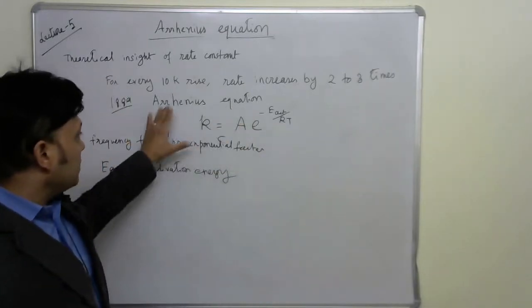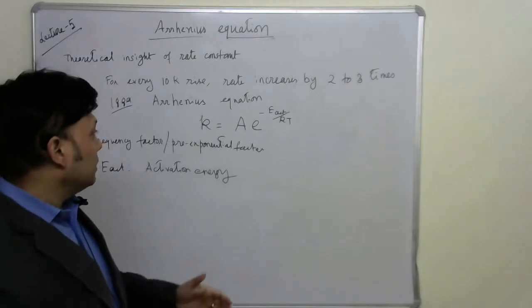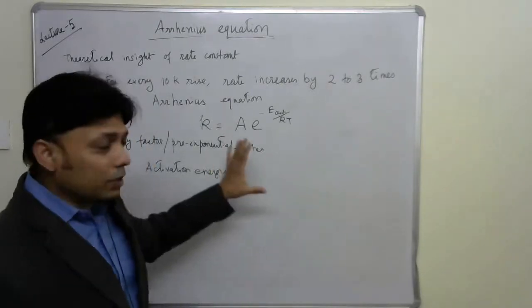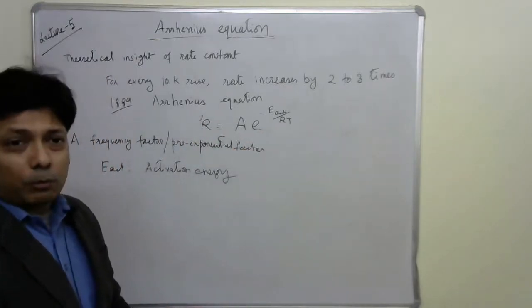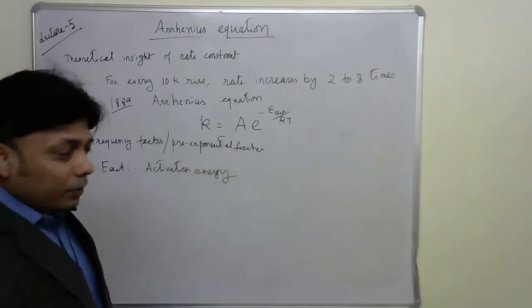Although this relationship has some limitations, it had great advantages also. One of the greatest advantages was that it was possible to assess the energy of activation of a chemical reaction. How is it done?